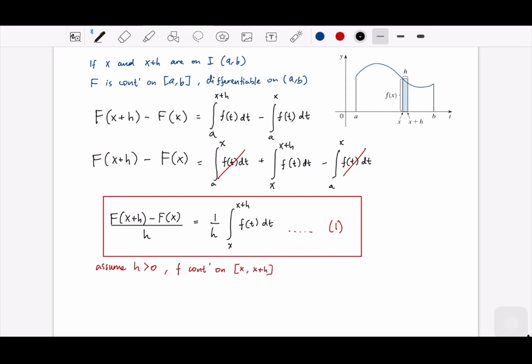Now the next theorem, we call it the extreme value theorem.